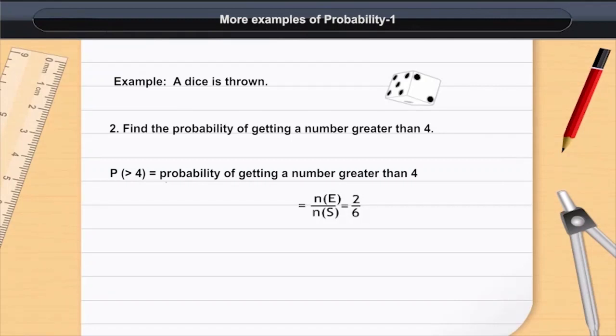N of S is equal to 6. P of a number greater than 4 is equal to N of E by N of S, which is equal to 2 by 6, which is equal to 1 by 3.